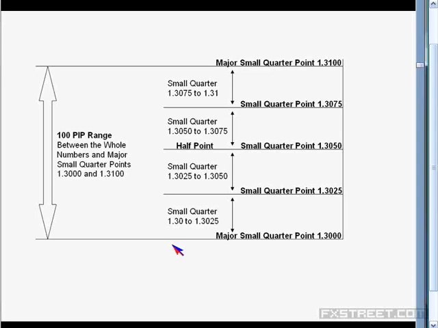When prices move from one large quarter point to another, especially in recent months when we have had such strong trends, especially the euro weakening versus the US dollar, many of you would recall that the euro has fallen from several previous 1,000 pip ranges and has made several successful transitions into new 1,000 pip ranges.